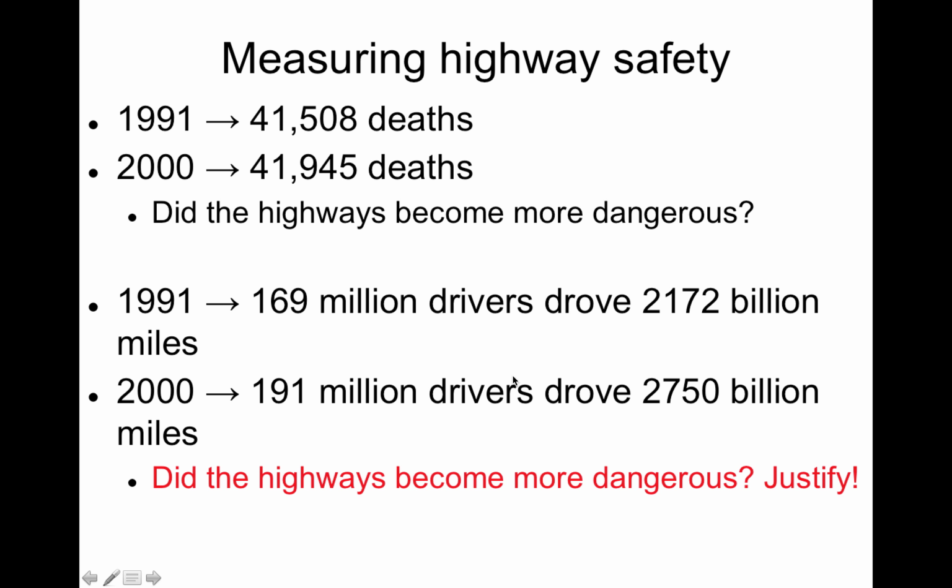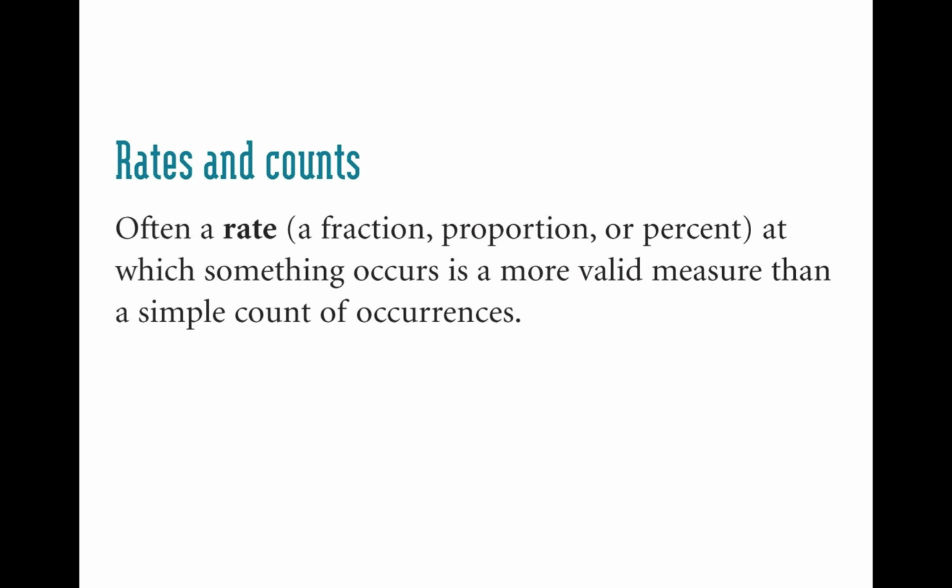If you look at the number of deaths per the number of drivers, or the number of deaths per the number of miles driven, when you look at a rate, the highway deaths actually go down and the roads become safer. So oftentimes a rate, which is a proportion or a percentage, is a more valid measure than a simple count.